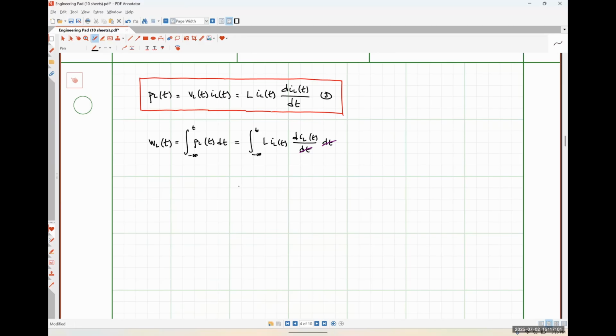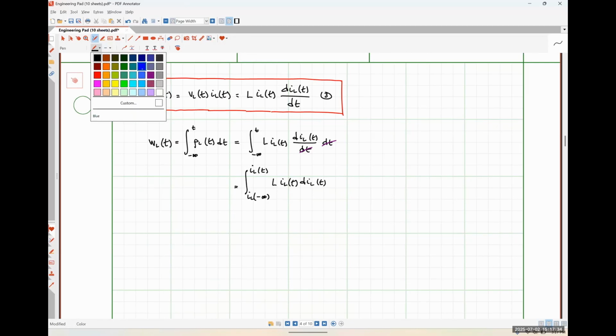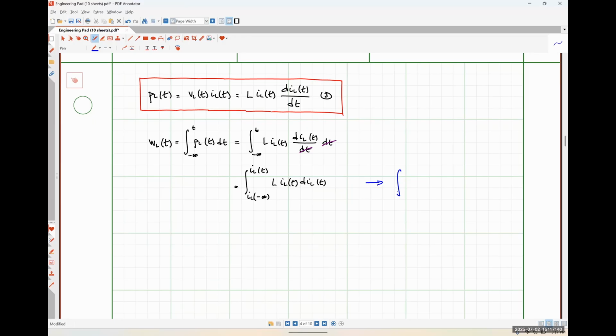Since I've changed my variable, I need to change my bounds. So down here, I'm going to have IL at negative infinity, and up here, I'm going to have IL at t. And I have L, IL, d IL, like so. I know that this looks a little confusing, but essentially I'm integrating from something to something else.